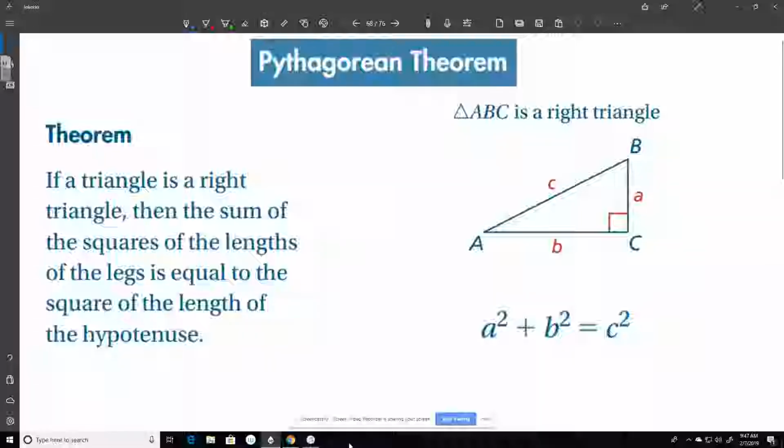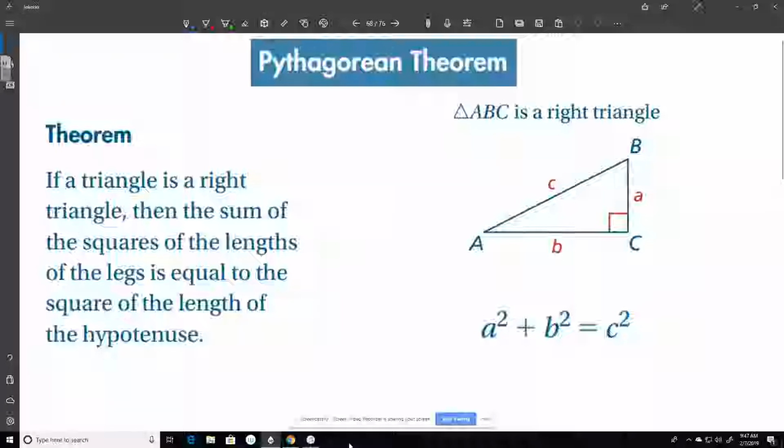So first thing that we're going to talk about is just a quick review of the Pythagorean Theorem. Now, when we're dealing with triangles these next couple of days, all of our triangles are going to be right triangles, meaning they're going to have a 90-degree angle. That's going to be the case for the next probably week and a half.